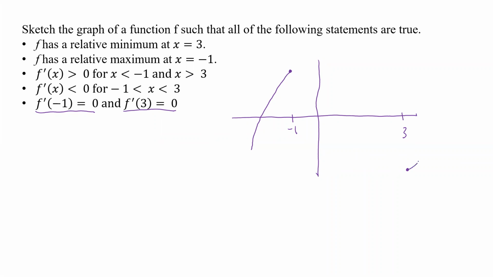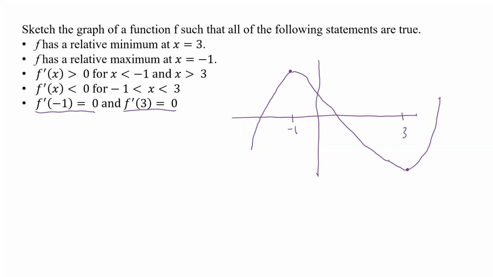So then it's going to be something like that. Now it says it's going to be decreasing between -1 and 3. Well, we know that that's the peak. So it's going to be coming down and coming down, and then it's going to start going back up again. So that will look something like it.